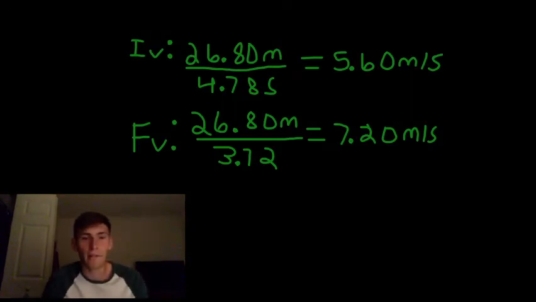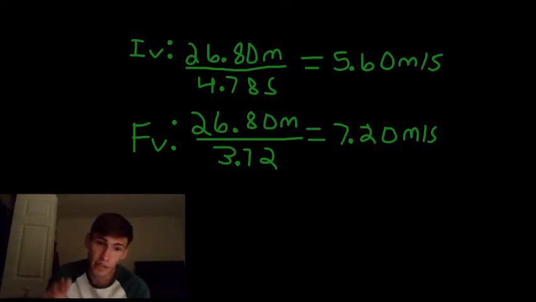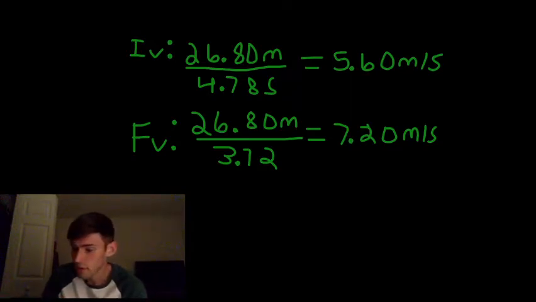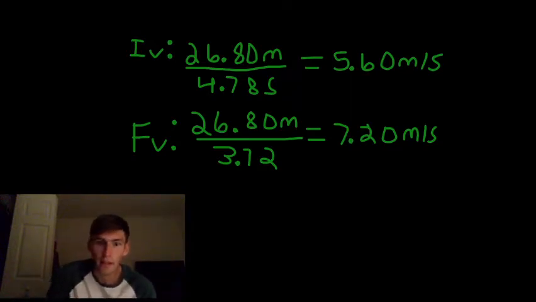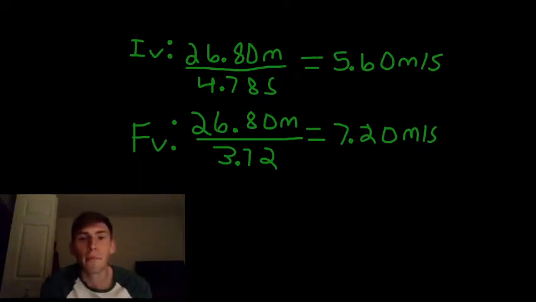Here is our initial velocity and final velocity. So this is my initial velocity. Velocity is just distance over time.